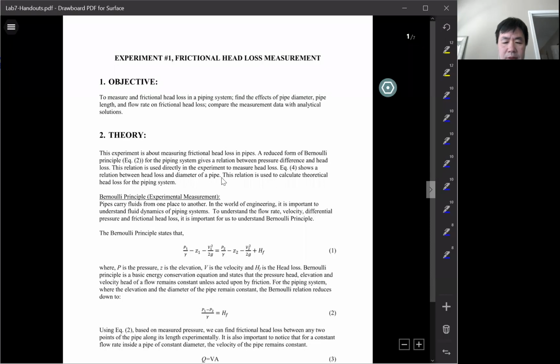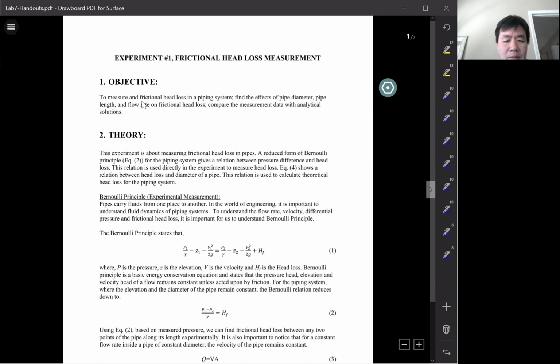Okay, so let me share my screen first. This is the handout I will post in Moodle. It's experiment number 7, not number 1. Number 7, frictional head loss measurement.